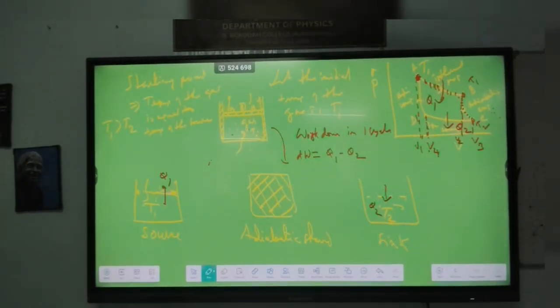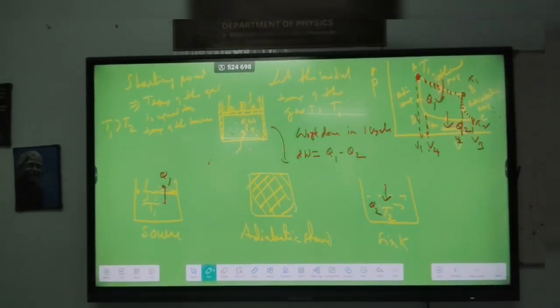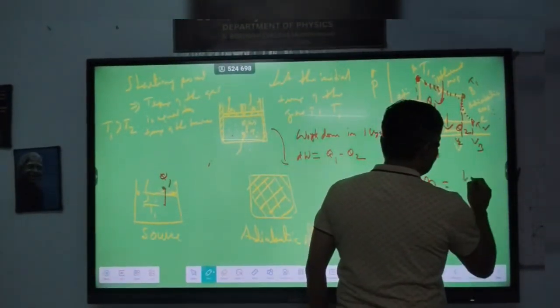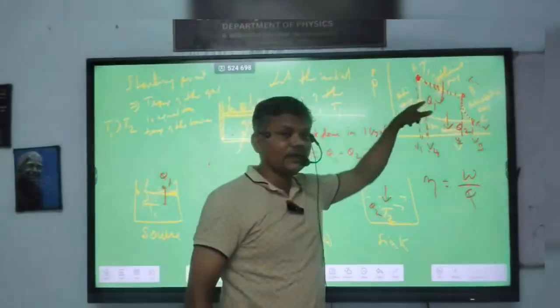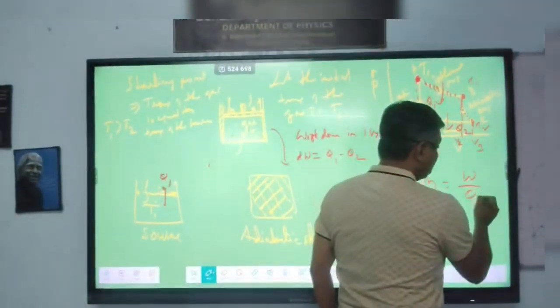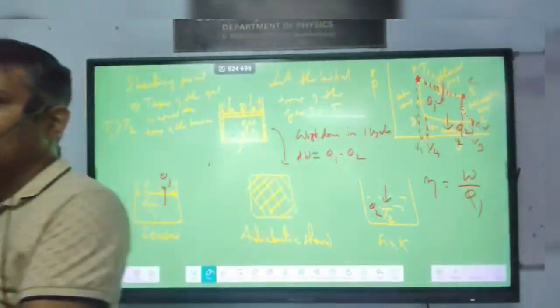He has to show that it is 100% efficiency. But he has to find out the expression for efficiency. Our efficiency expression needs W by Q. So for one cycle, it is the total work done divided by the total heat taken. How much heat is taken?